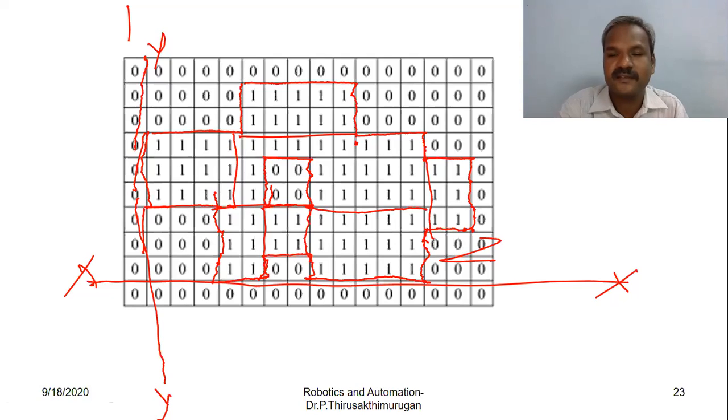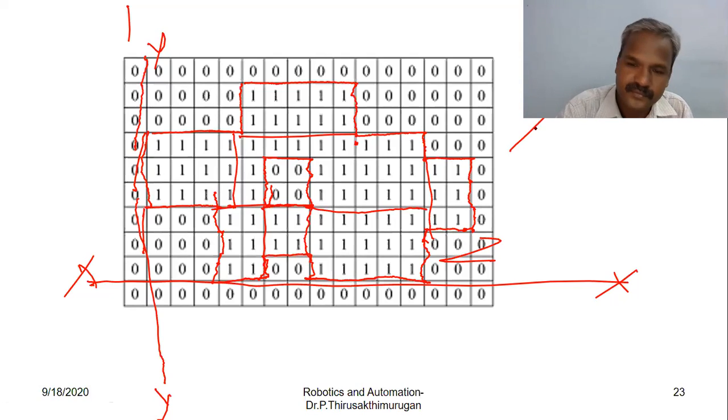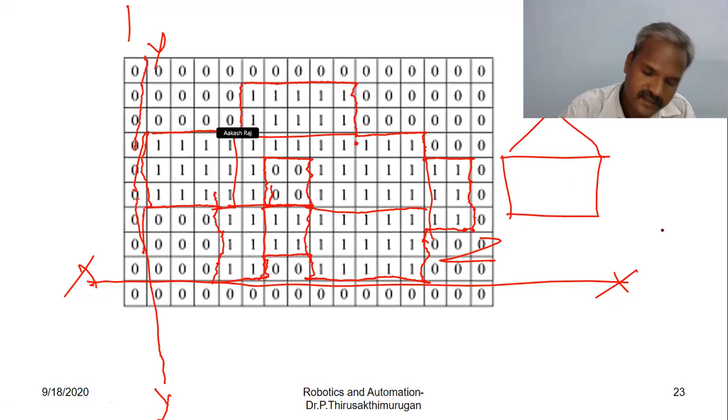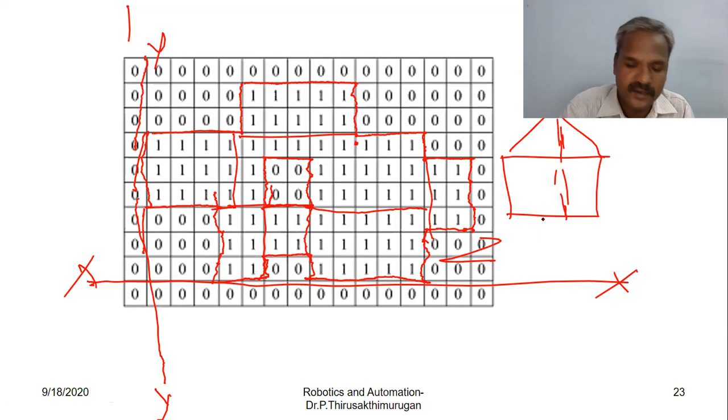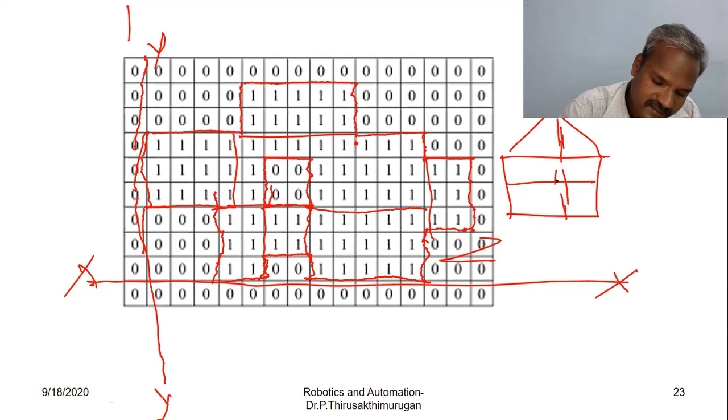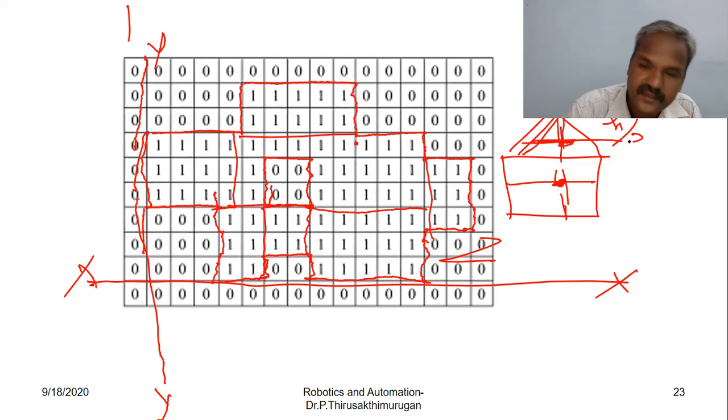If suppose some shape is available here, let me draw here. Say this is a complex shape. One side is symmetrical, right? For this square, you can easily tell the middle value, whereas for the triangle we can also easily tell 1/3 h.